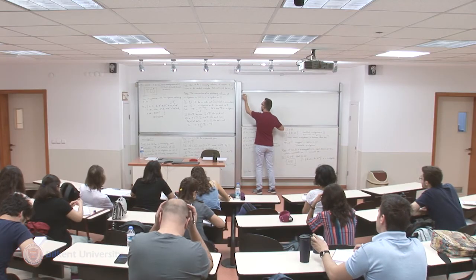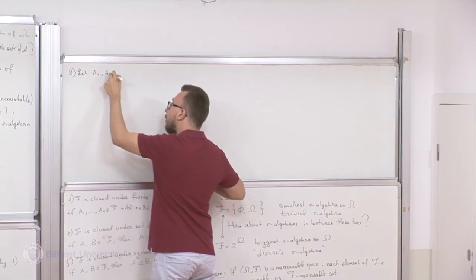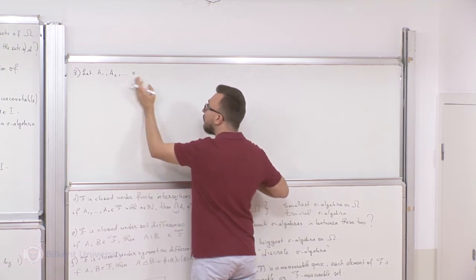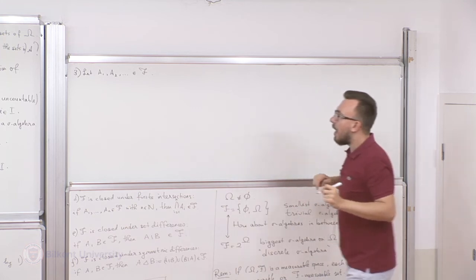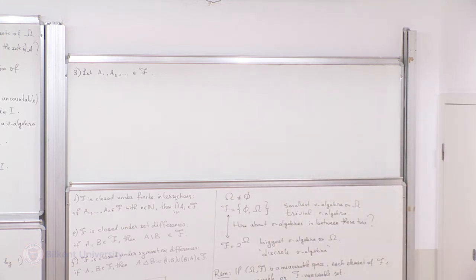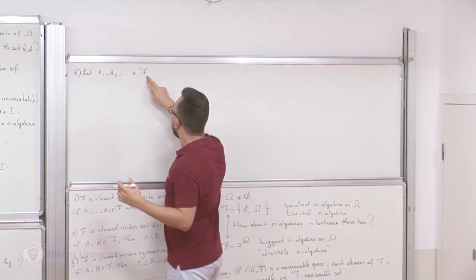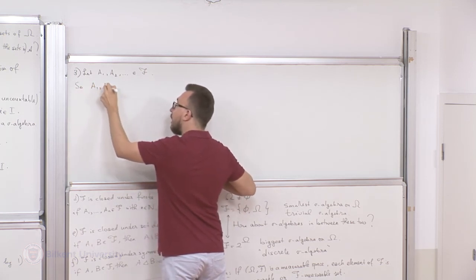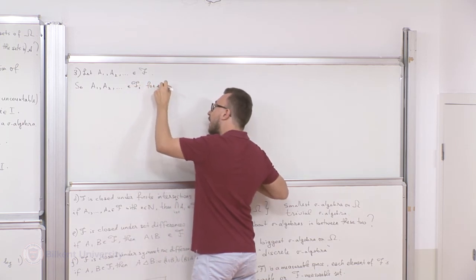And finally, number 3, let A1, A2, etc., countably many, don't stop at a finite number, countably many sets in F. I'd like to show that their union of A1, A2, etc. is in F. So let me first use the fact that each set is in F. So A1, A2, etc. is in Fi for every i.